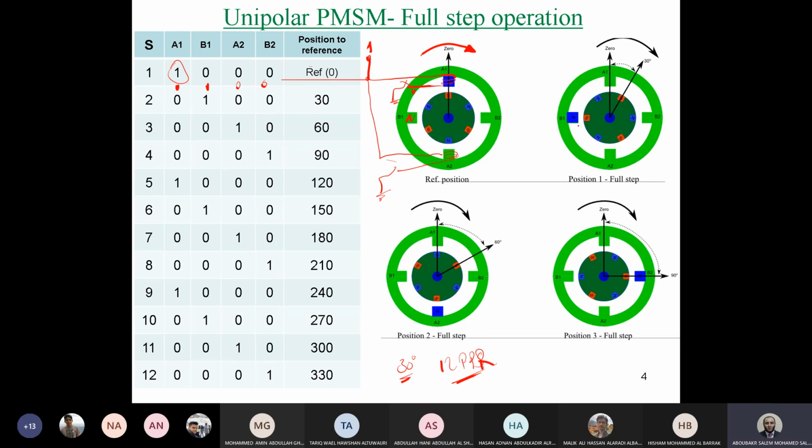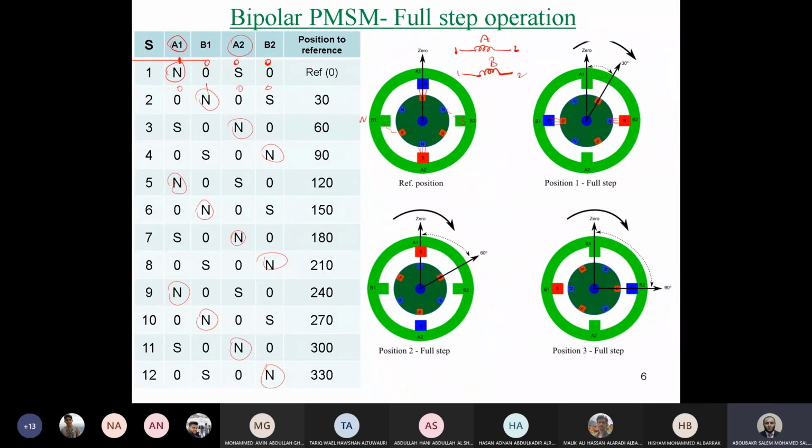For all steps, as you can see, the rotor is coupled from one side only, and the other three sides are not energized. This is in unipolar. However, for the full step in bipolar, all the time the rotor will be coupled from two sides, which means the torque for the bipolar machine is higher than the torque in case of unipolar. This is for full step.